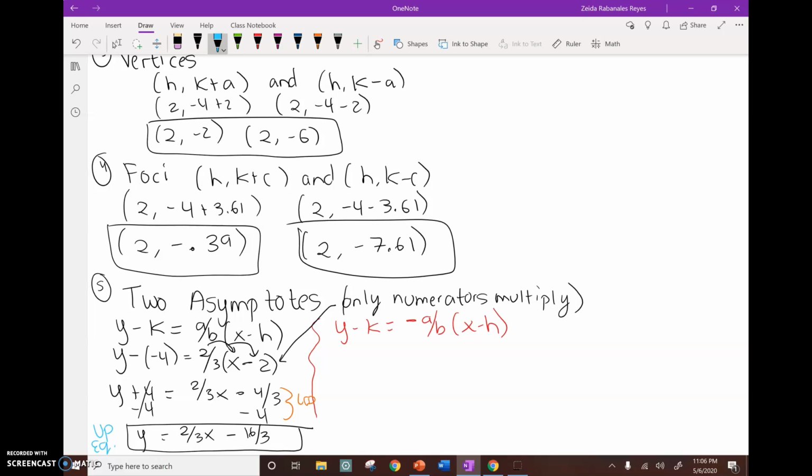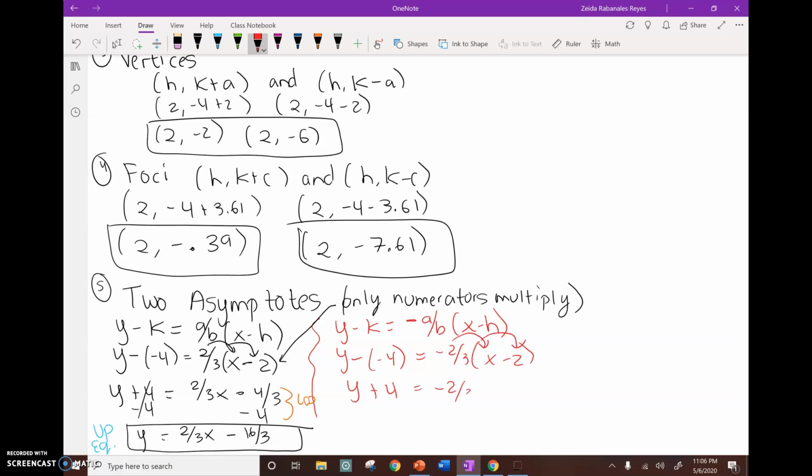So this is my up equation. Now I'm going to do it for the one going down. Same thing, y minus negative 4 is equal to negative 2 over 3, x minus 2. Unfortunately, it does not give us the same answer, but same steps.